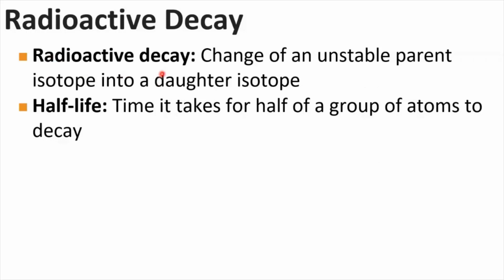Now, when we talk about radioactive decay, this is the change of the unstable parent or radioactive isotope into the stable daughter isotope, okay? And a half-life is the time it takes for half of a group of atoms to decay, okay? So it goes from the radioactive parent to the stable daughter product.